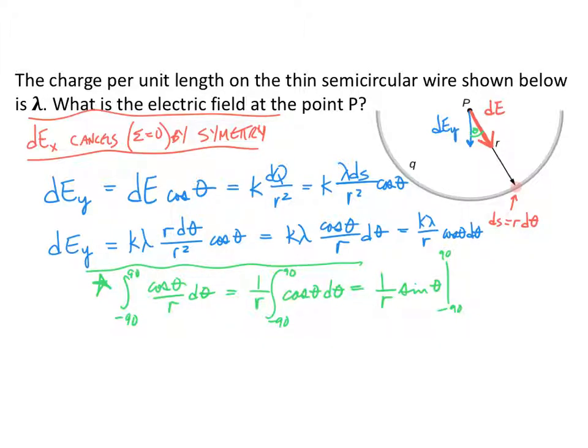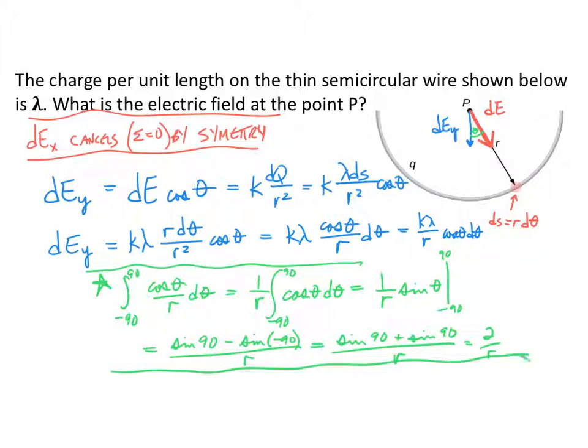And that will work out to be just sine of 90 minus the sine of negative 90 per r. And that's just 1 plus 1, because it really turns out to be sine of 90 plus sine of 90 when you apply the shift: you can shift that negative out of the angle in front of the sine, and a minus is a minus. So you really just get 2 over r.